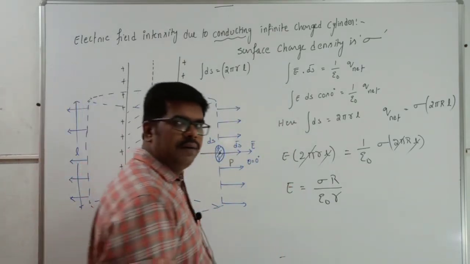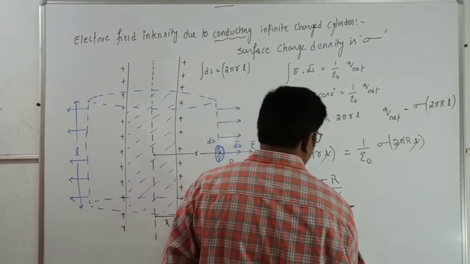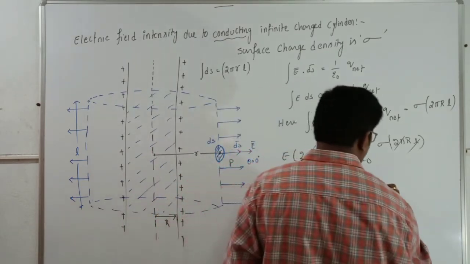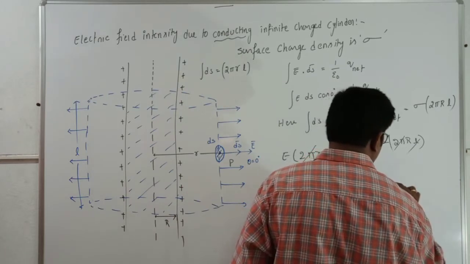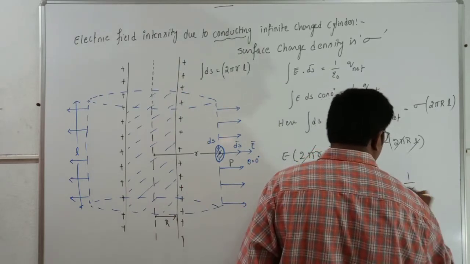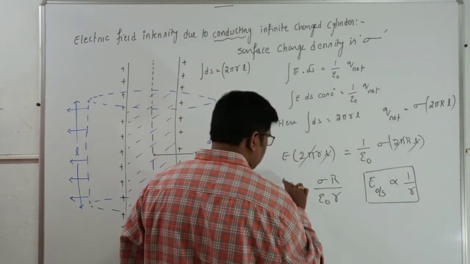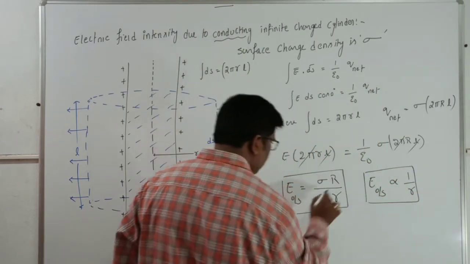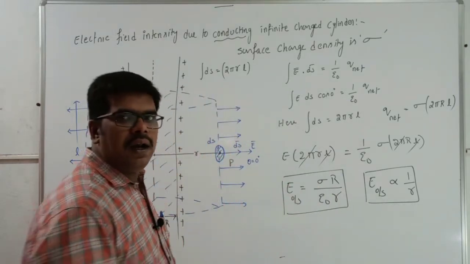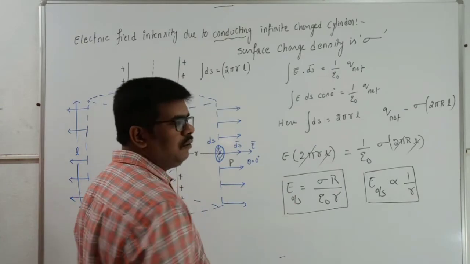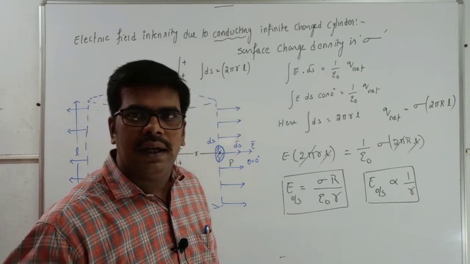This is the electric field intensity outside, at a distance r. So the electric field intensity outside is inversely proportional to the distance, and it is sigma R by epsilon naught r, where capital R is the radius of the cylinder and the smaller r is the distance where we want to find the electric field intensity.